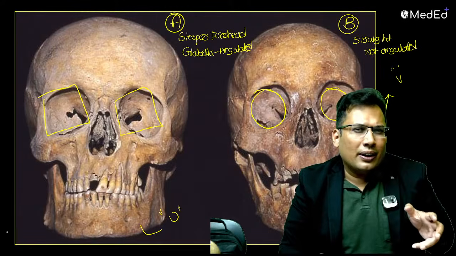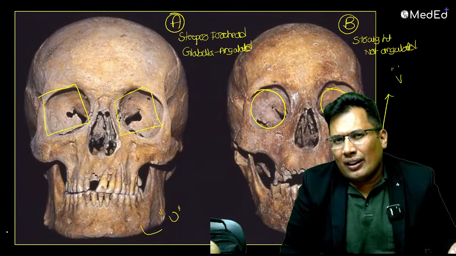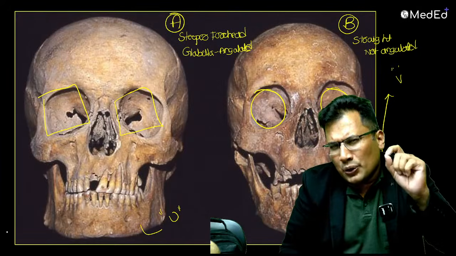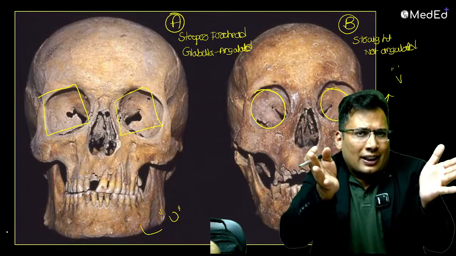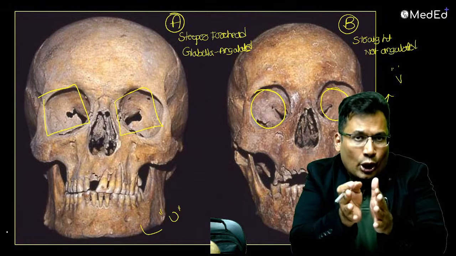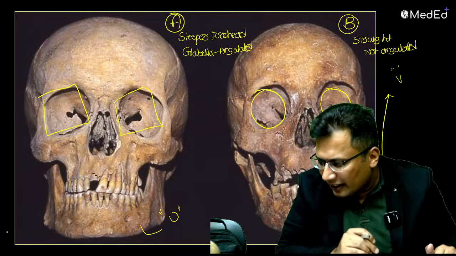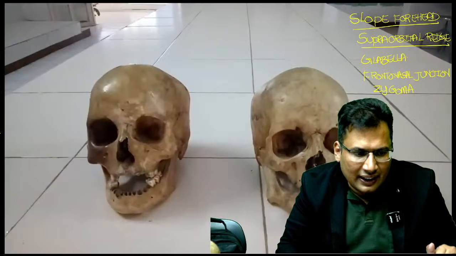If frontal eminence, parietal eminence is prominent, then it is female skull. This is one clue. U-shaped mandible, male. V-shaped mandible, that is female. So with this introduction, let's start the skeletal remains.